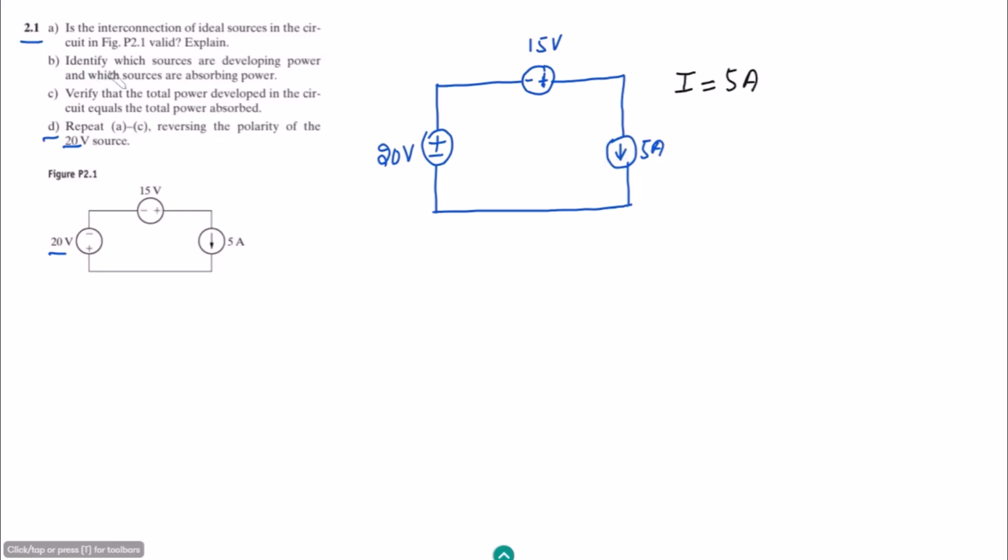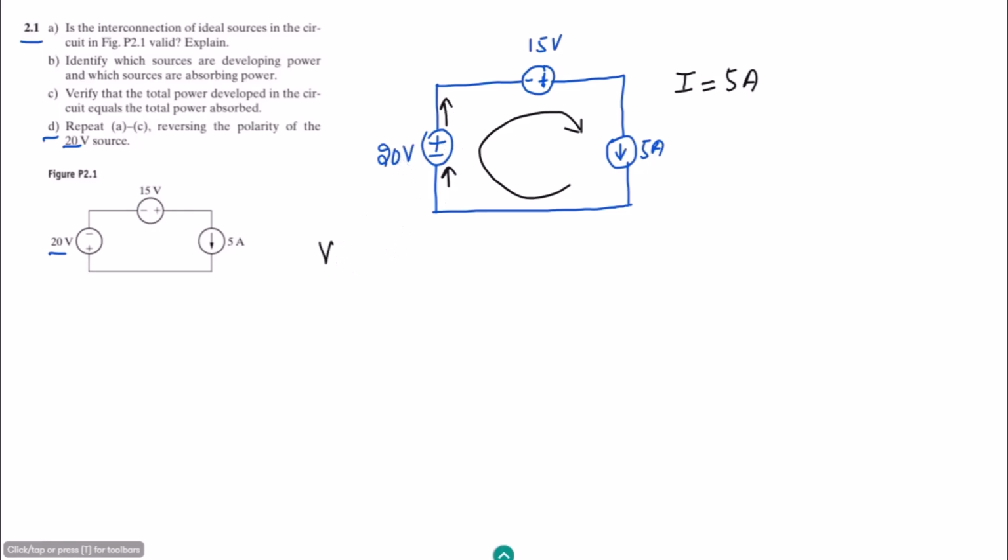Part B is to identify which sources are developing power and which sources are absorbing power. So let me draw this current. We can see that it moves in from the negative and comes out of the positive.